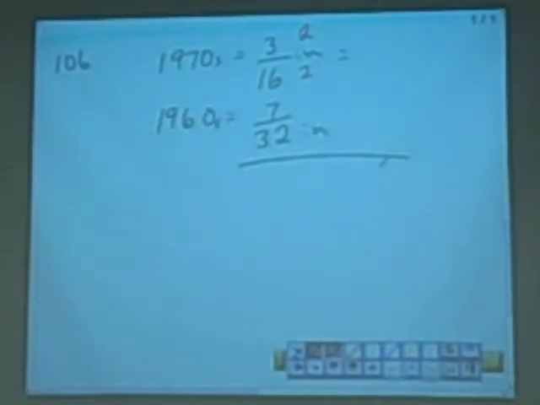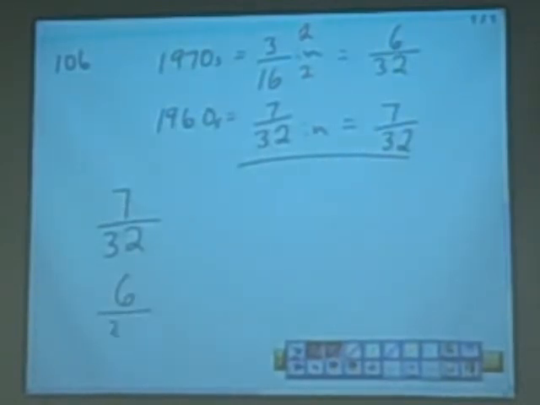So what do we get here for our fraction now? 6/32. 6, right, 32nds. And here we have 7/32. Because we don't want negative numbers, we put the 7/32 first, and then the 6/32.